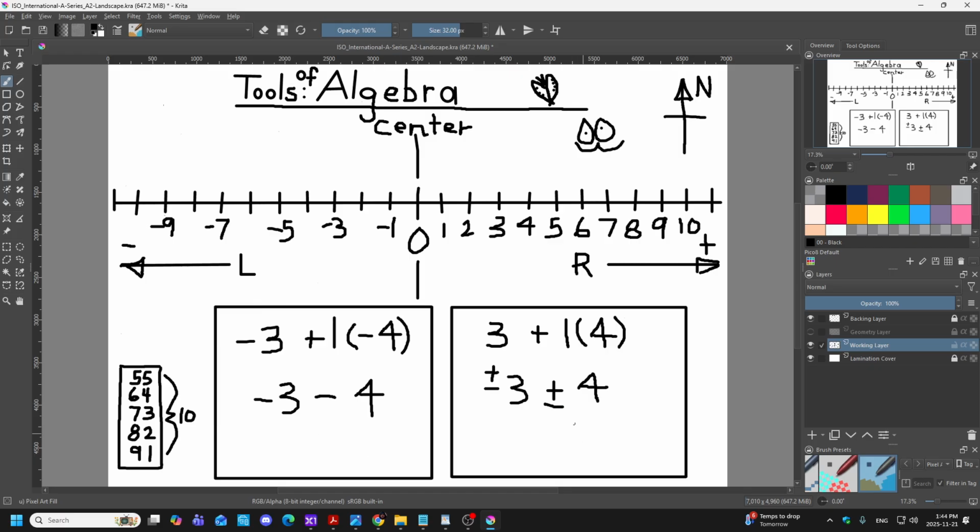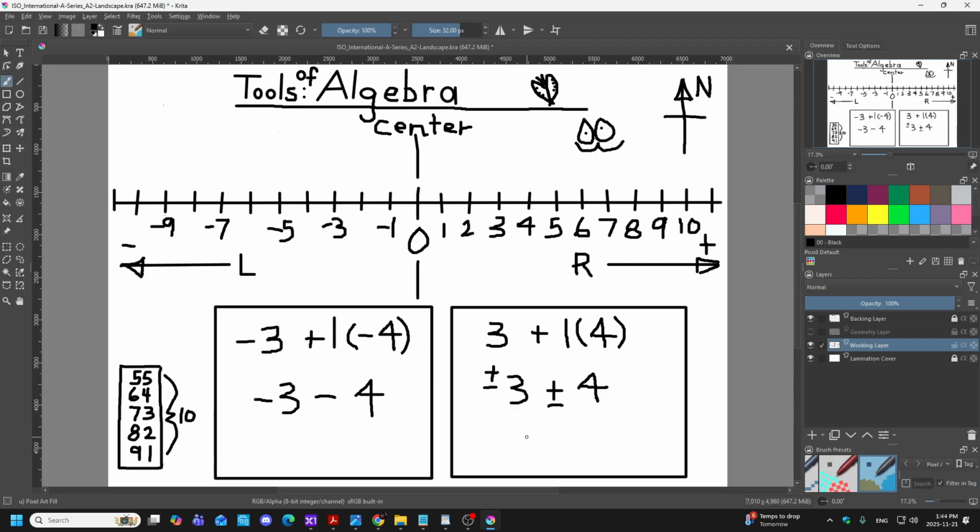Again, here's the other take. This plus, yes, we think of it as addition. Yes, we do. But that 4 here on the right actually owns that plus sign. So this is technically a positive 4 right here. Okay? So again, take note, we have a positive and a positive.